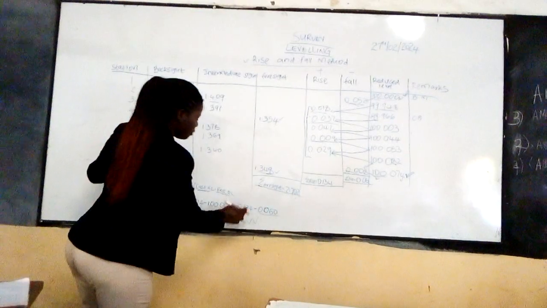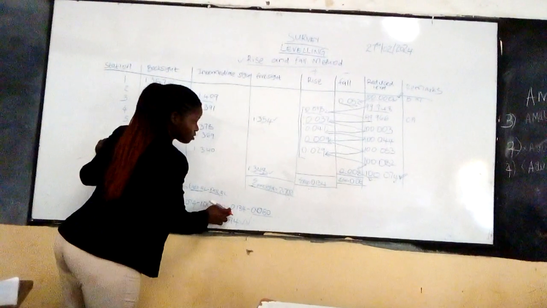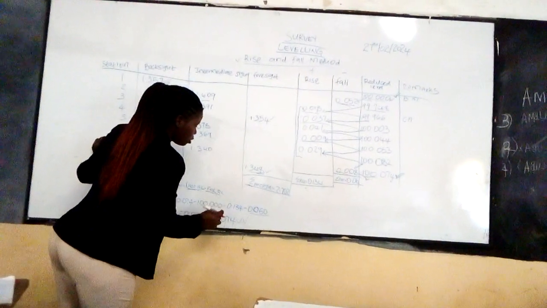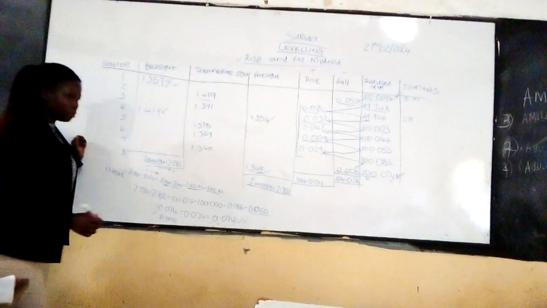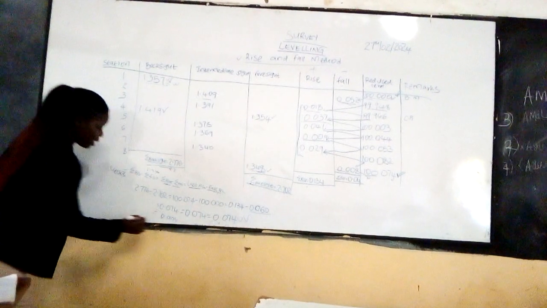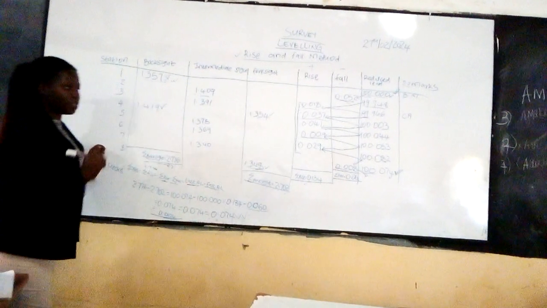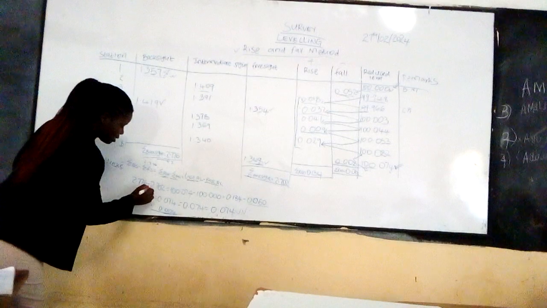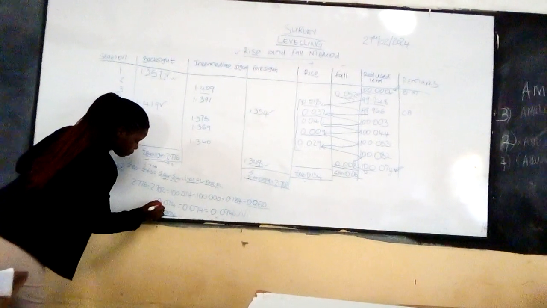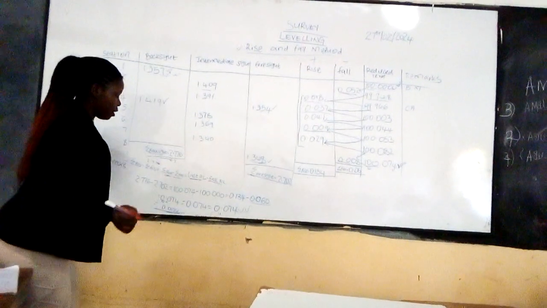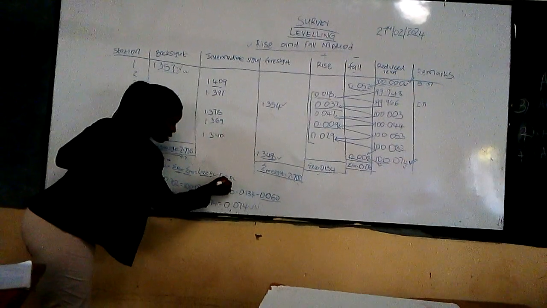This must be equal to the backside minus foresight, and also equal to our rise minus our fall. After calculating all of it, our answers must read from the same point: subtracting backside minus foresight must give you the same answer as subtracting our first reduced level from our last reduced level.